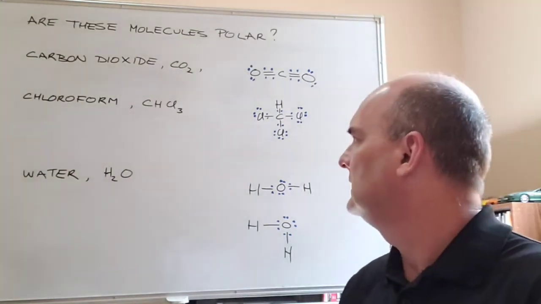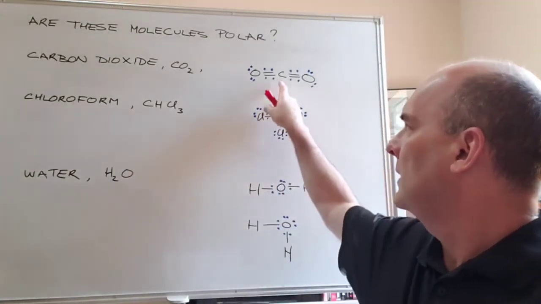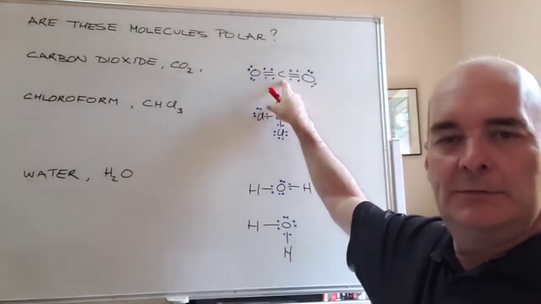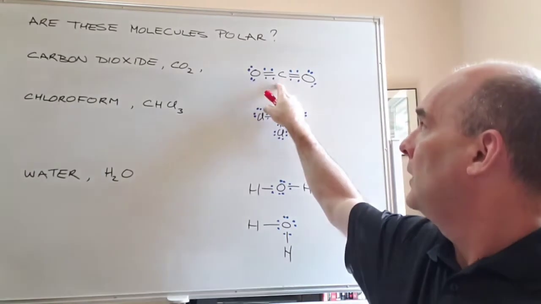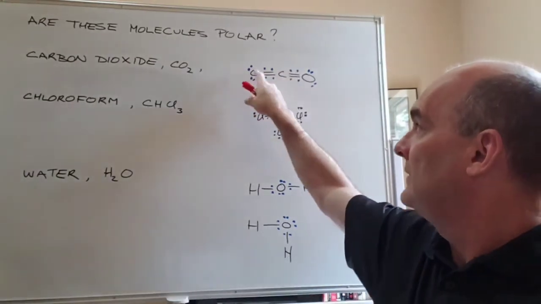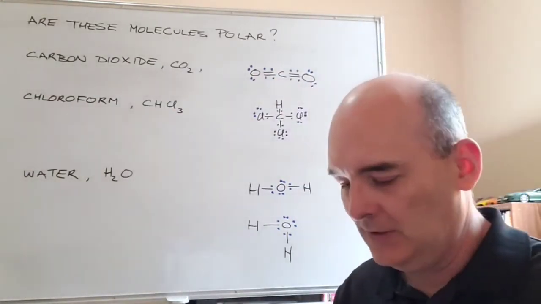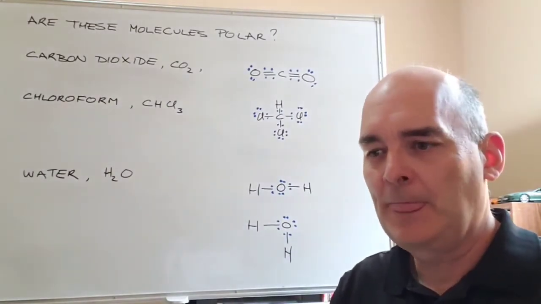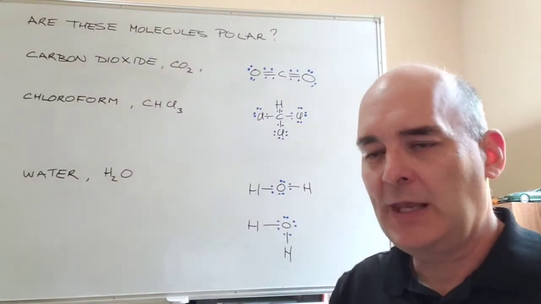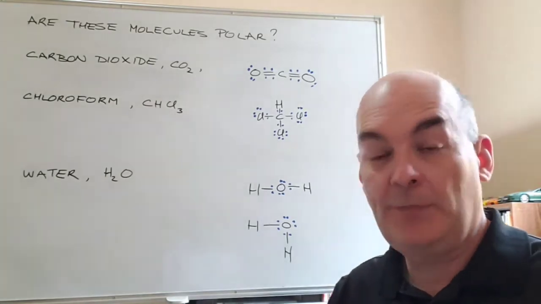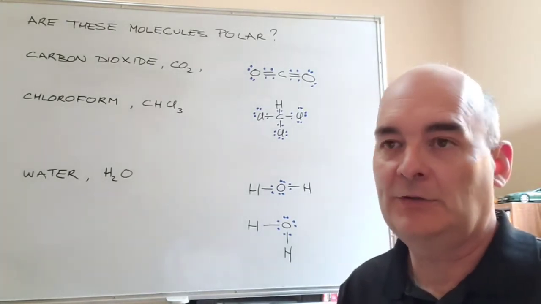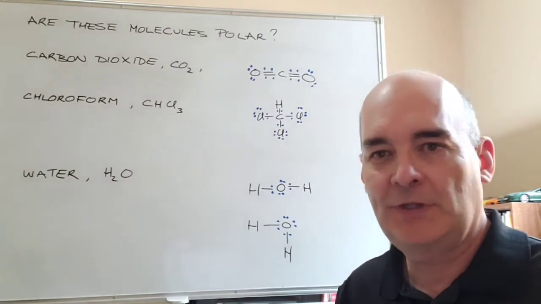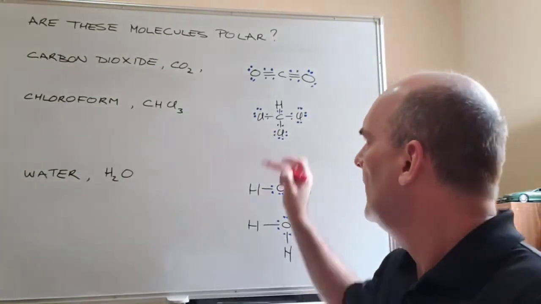First molecule is carbon dioxide. I have a carbon in the center with 4 electrons, and then 2 oxygens around it, each bringing 6 electrons. You have a carbon with a double bond to the left and a double bond to the right. So the carbon makes 4 bonds, has 8 valence electrons. The oxygen makes 2 bonds. This was what we predicted earlier.